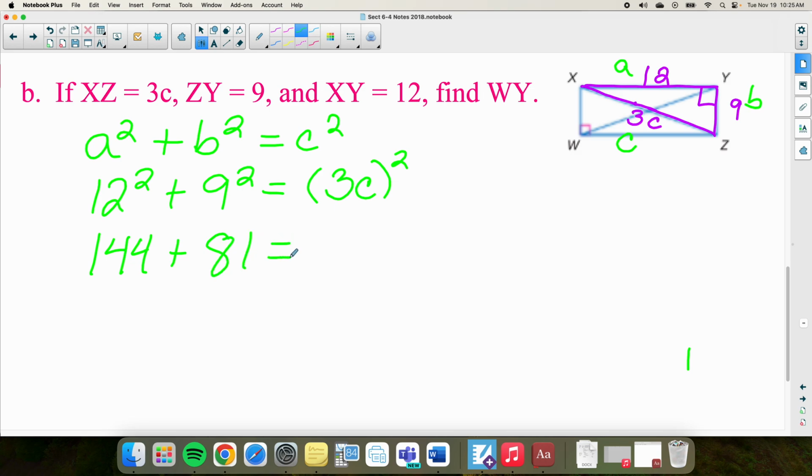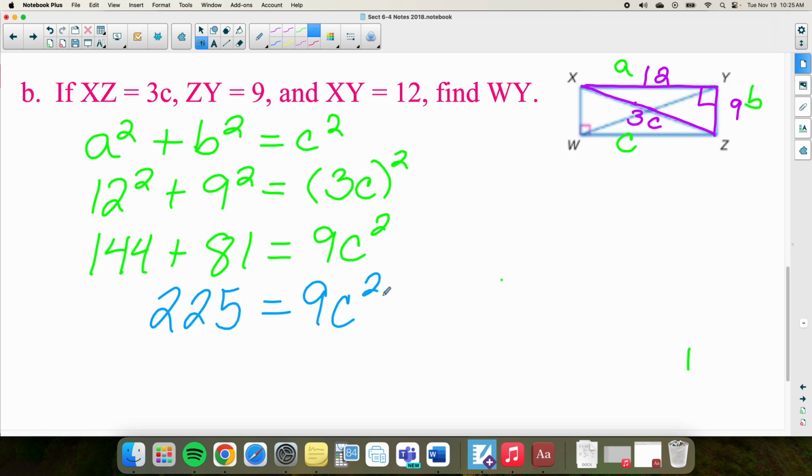Now think about this. If you're squaring this, we have to square the 3 as well as the C. What's 3 squared? 9. And then I also have to square that C, so that would be C squared. And then I'm just gonna solve that. 144 plus 81 is actually 225.